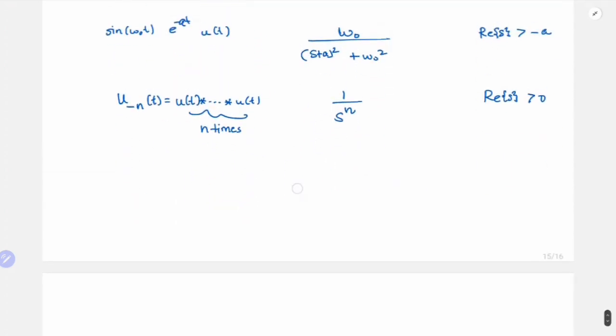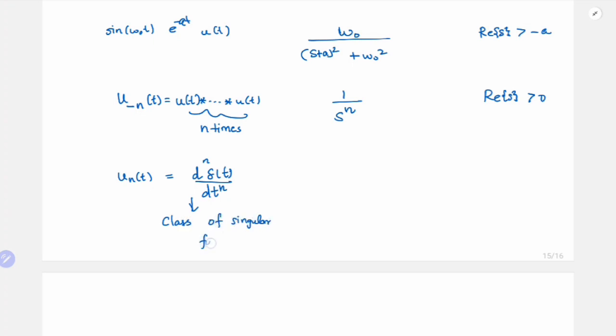And you can also define un of t, which is nothing but the nth derivative of the delta function, or the unit impulse. So these are also a class of singular functions. Why? Because delta of t itself is infinity at t equal to 0.